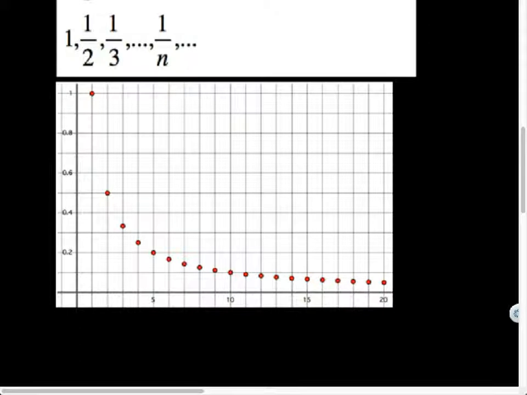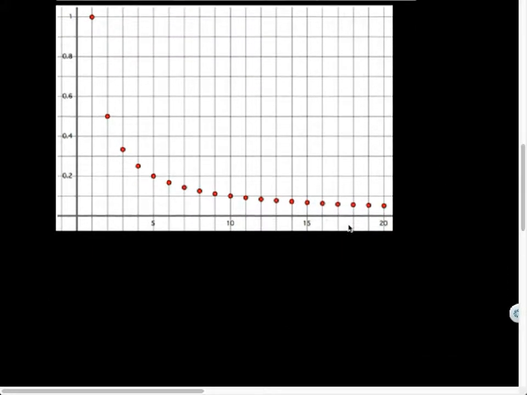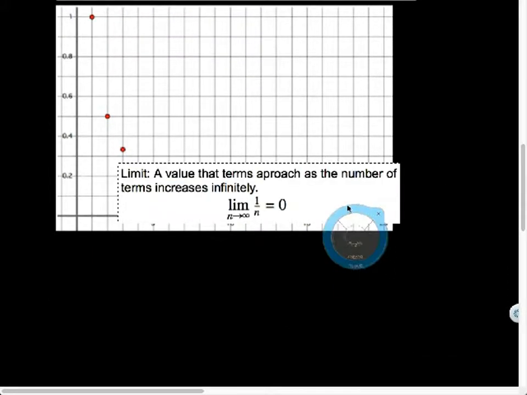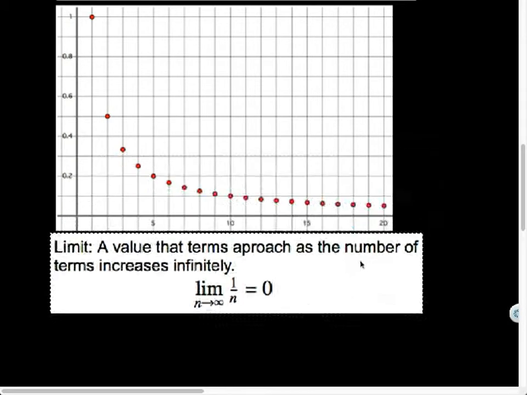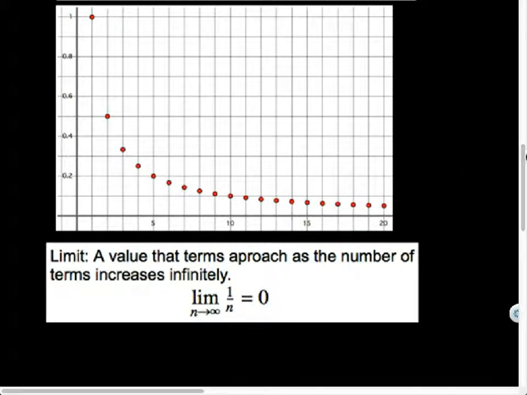And what is it approaching? It is approaching 0. Is it ever going to get to 0 though? No. So what we might say as mathematicians regarding this concept is that its limit is 0. Okay? So the mathematical concept of a limit is a value that terms approach as the number of terms increases infinitely.